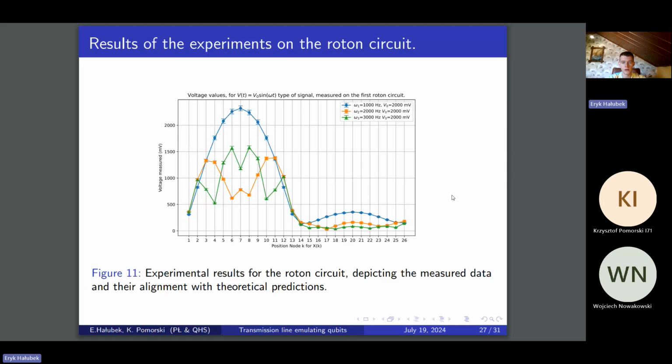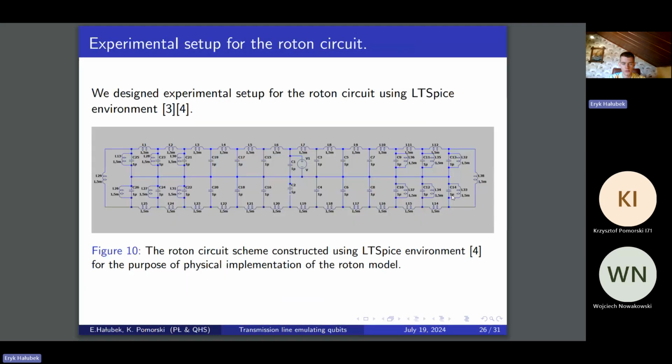So here are the experimental results from our measurements. We have 26 nodes, and the numeration of the nodes is that we started from the first node here, the second here, third, and the 14th node is here, and there's a transition.